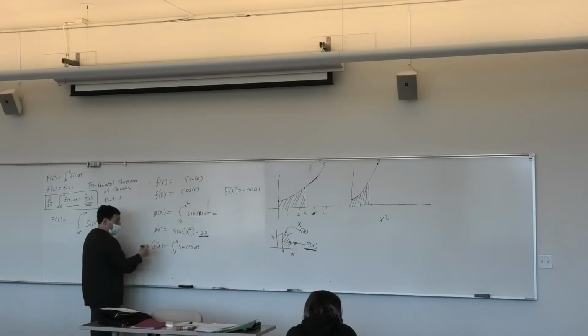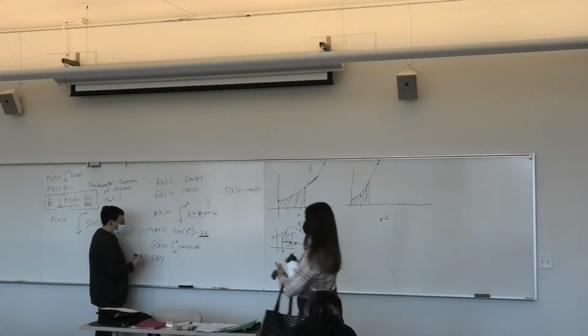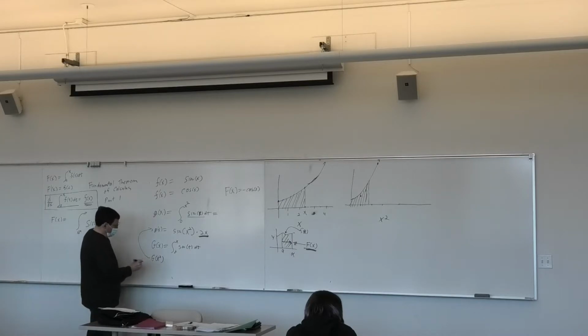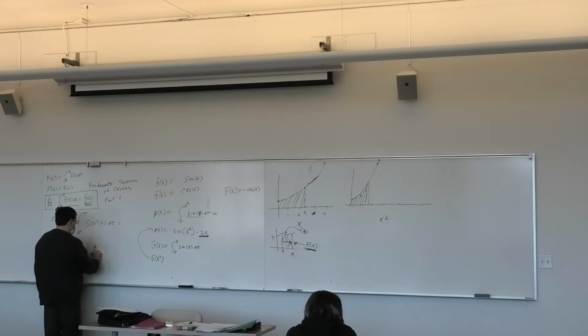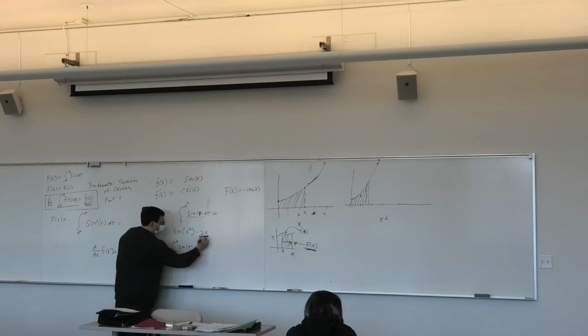Now I make a composition. Instead of just G of x, I find G of x squared, which of course is this little g. When I'm finding the derivative of the composition of functions, the derivative of big G of x squared is going to be the derivative of G at x squared times 2x because of the chain rule. I just wanted to show that's where this comes from.